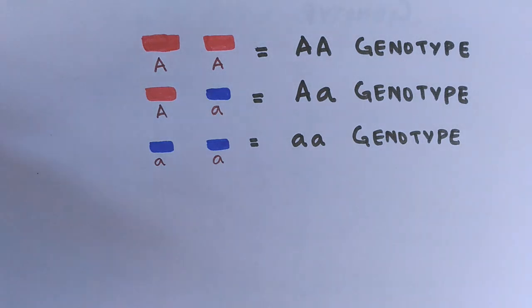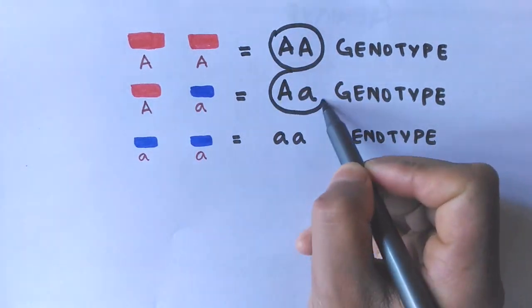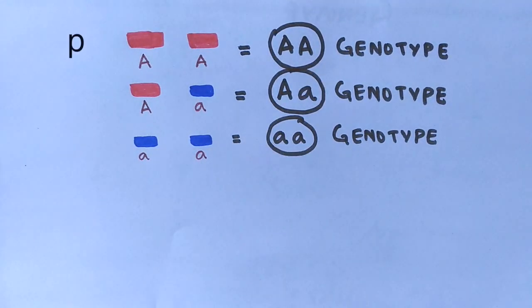And when we put forward the symbols for the Hardy-Weinberg equation, we denote frequencies of these genotypes with p and q. p for dominant allele while q for recessive allele. The frequency of the first condition will be denoted with p squared, second with 2pq, and third with q squared for recessive ones. This Hardy-Weinberg equation will be discussed in detail in the next part of the video.